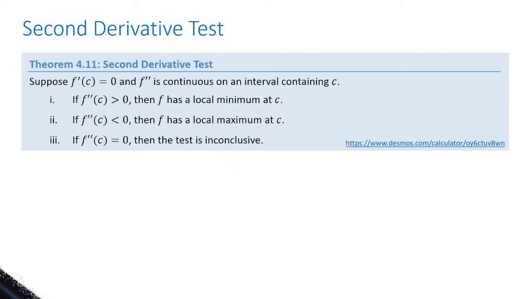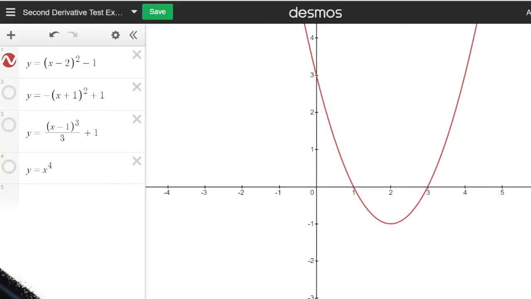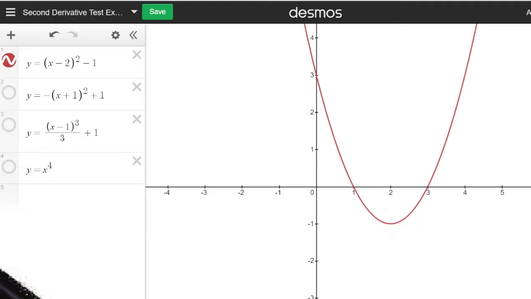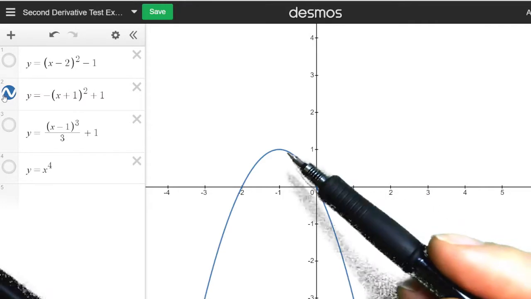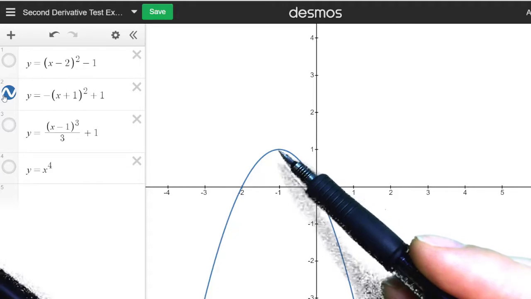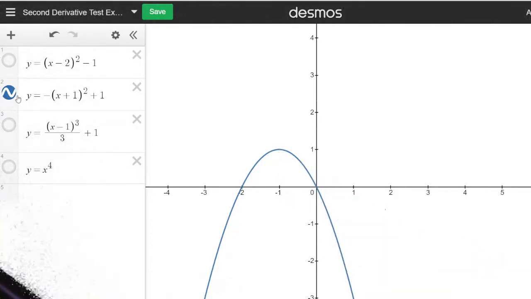So let's just go back to those examples and quickly verify again that those are correct. Here we have, at this point, the derivative is 0, and the second derivative is positive, and we do indeed have a local minimum. On this function, the derivative is 0, and the second derivative is negative, and we do indeed have a local maximum.